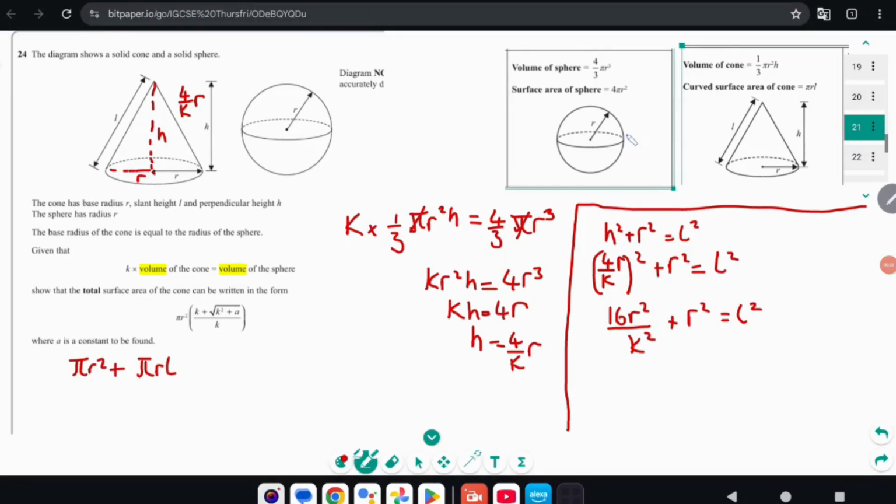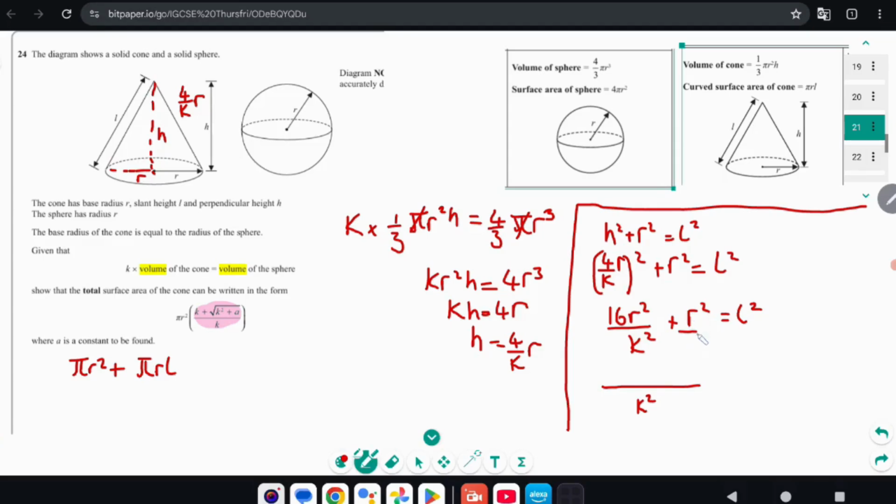I want to be mindful of how their answer looks here as I'm working with making l the subject. What I think I'll do is I'll add these fractions. I'll add 16 r squared over k squared plus r squared. I need a common denominator of k squared to add them. I need to make this into an equivalent fraction.